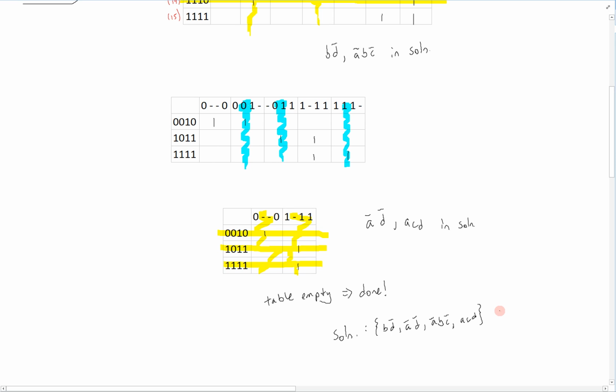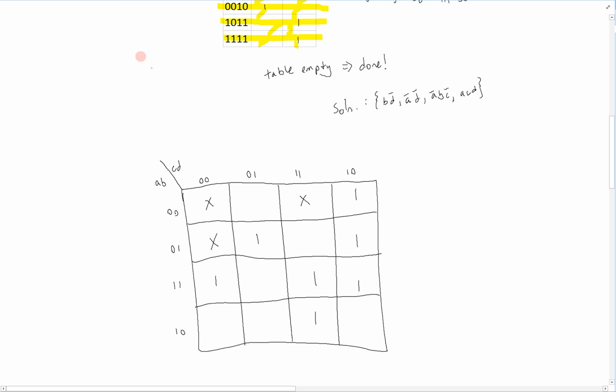So let's take a look at what this looks like on a K-map. We can draw our prime implicants that we found in our optimal solution on the K-map, and we're going to get this. So we have b d bar, which is right here. We're going to have a bar d bar, which is this term over here.